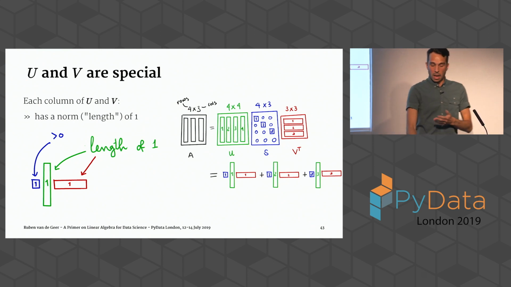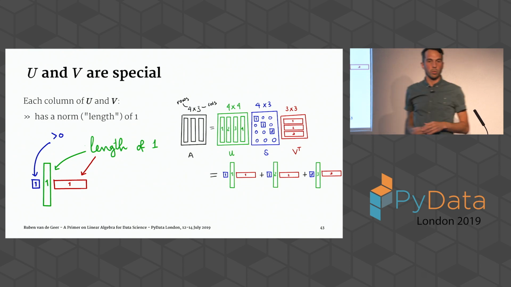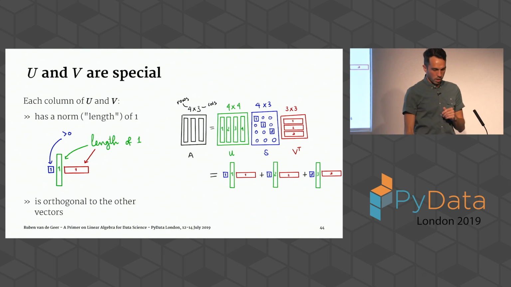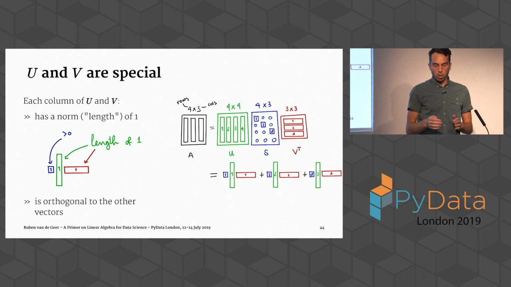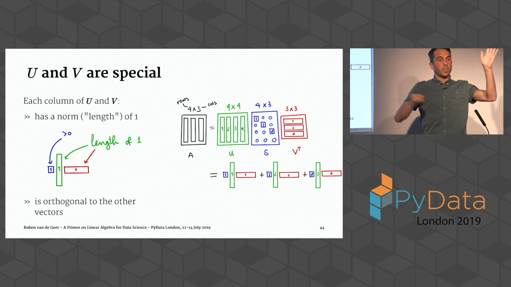Because you could say, I'm only using the one that has the largest blue value, and I throw away the rest, because that's the one that matters most. Also, on a side note, the columns in the green one, in U, are orthogonal to each other, so they point in different directions. So each column contains very different information.